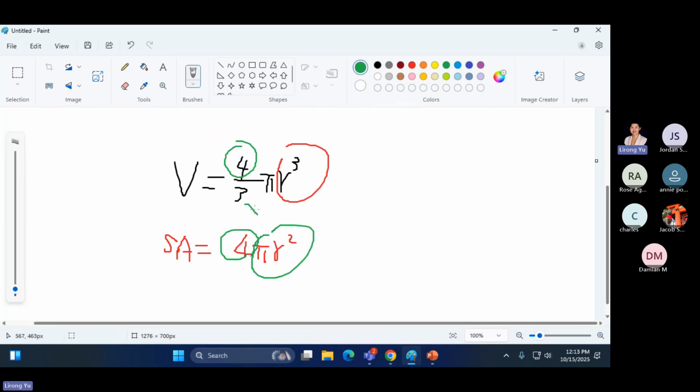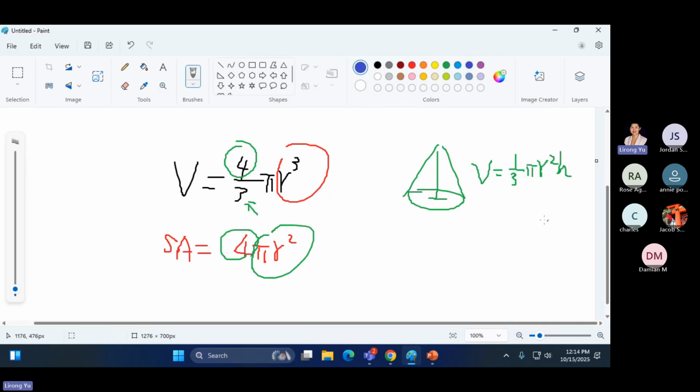Another thing is there's a coefficient 3 in the denominator, often related to some condensing of the volume. For example, a cone has a volume equal to 1/3 pi r squared times the height.